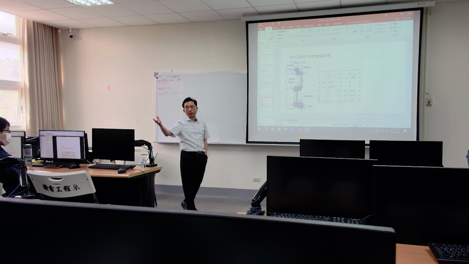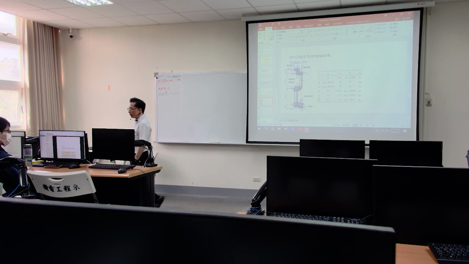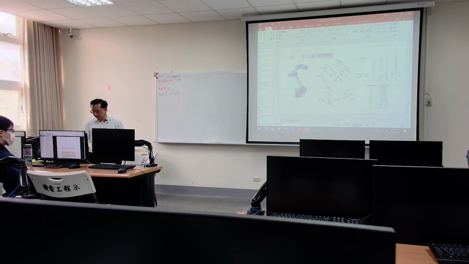Once you have your forward kinematics, then I will provide you the final position. Then you find out the angle, and you already have the position, so just find out the joint angles. Yep, it will be fine.